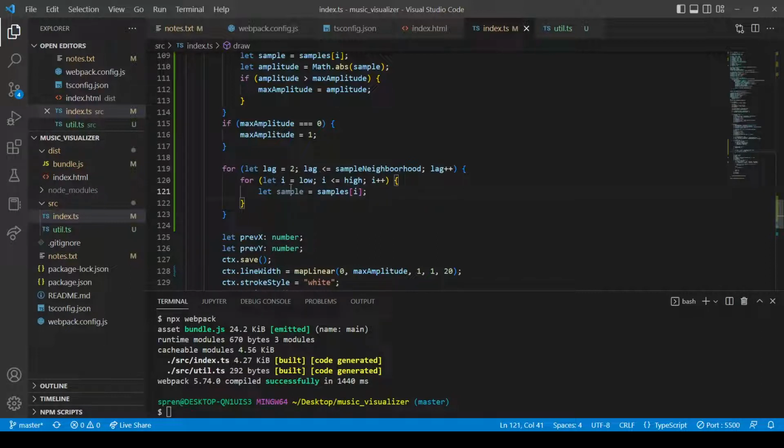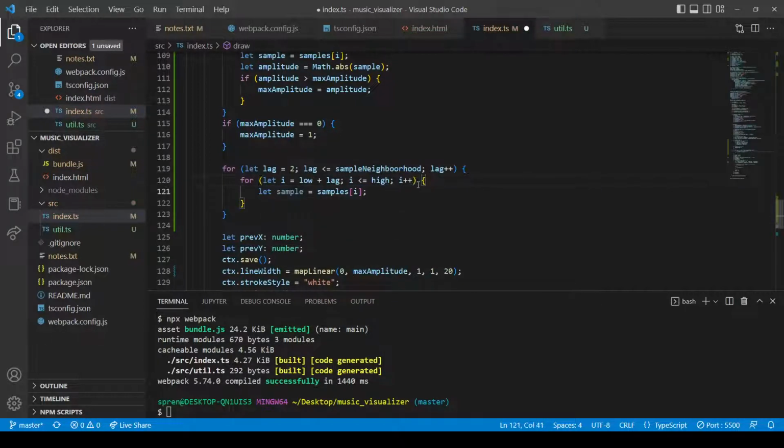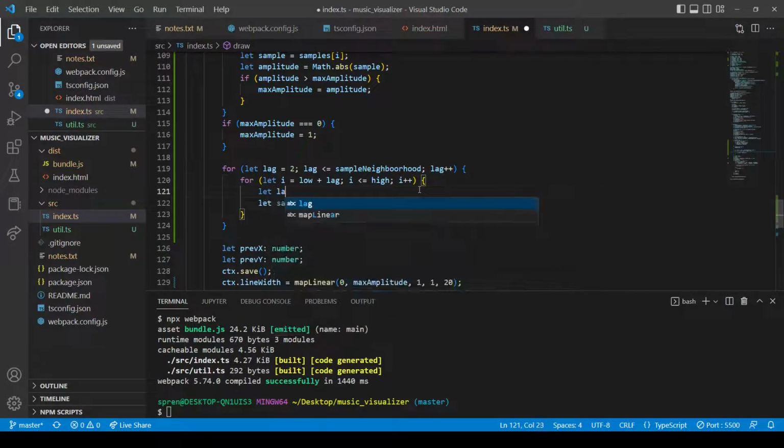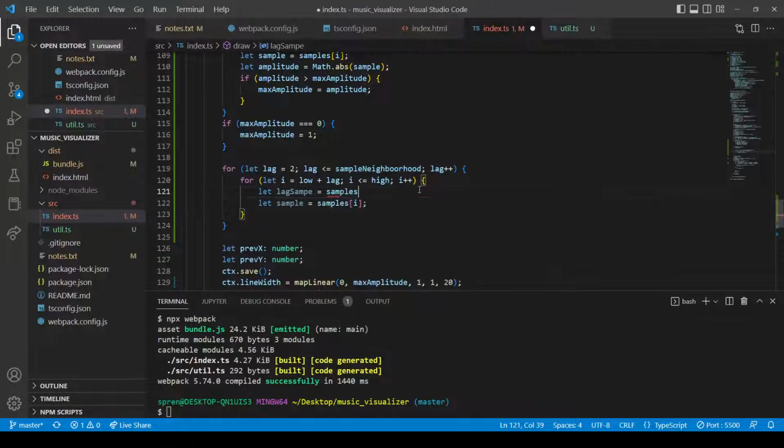Okay, so, oh gee, what do we want? We're going to try to get an average though, because we could mistakenly give one an advantage. So we start this at low plus lag, so that we can then do samples i minus lag.